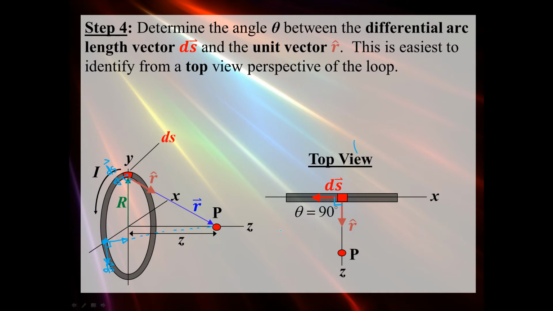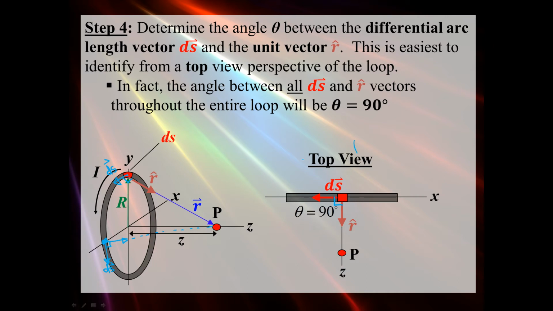So theta is 90 degrees. And even if you did it at an in-between state, it would be the same thing. And this is why I said it doesn't really matter where I draw the differential arc length vector, you're always going to get that same angle. So in this situation, it's actually okay just to draw the differential element directly along the y-axis or the x-axis, because it makes it a bit easier to identify the geometry of the problem.